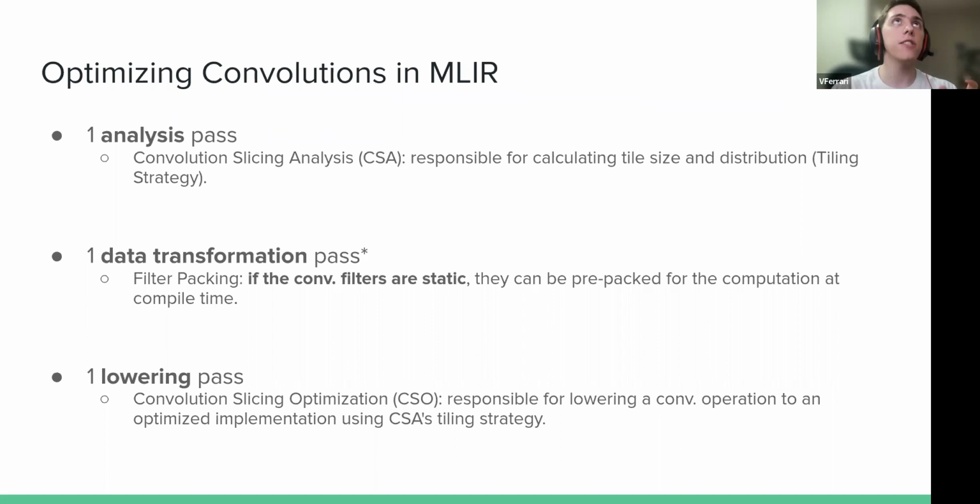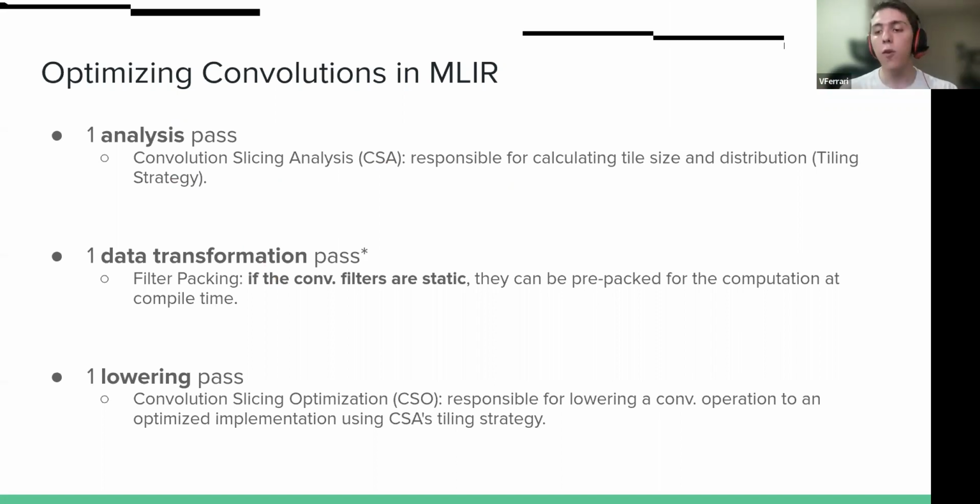The analysis pass is called convolution slicing analysis, and it is responsible for calculating a tiling strategy for the convolution. So it calculates the tile size and its distribution over the cache hierarchy. We're going to go into a little more detail on this analysis pass in a bit, but this is what it does. It calculates what we call a tiling strategy for the convolution.